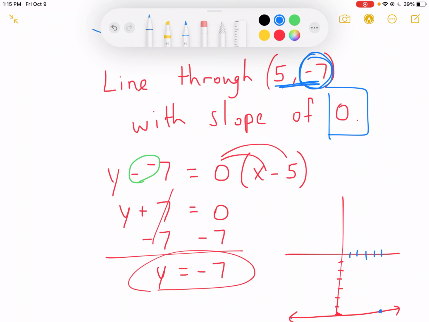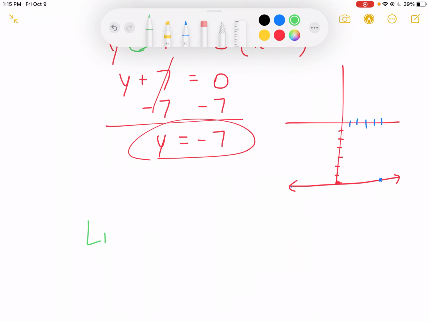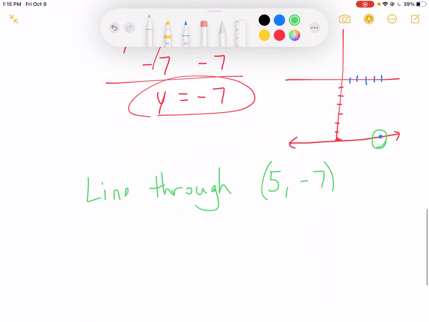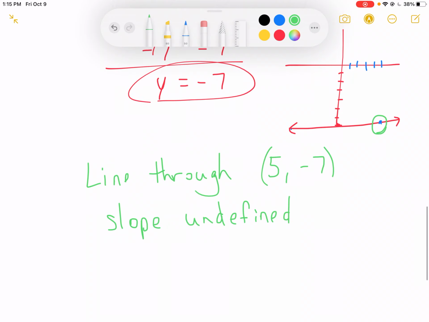Okay, now the opposite of that is to say I have a line through, we can use the same point, we'll say 5 comma negative 7 again. Okay, so still this point, and the slope is the opposite of 0. It's undefined. So now it's going to be a vertical line, right?